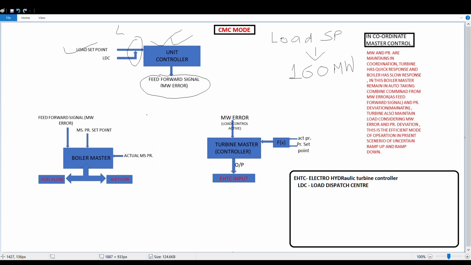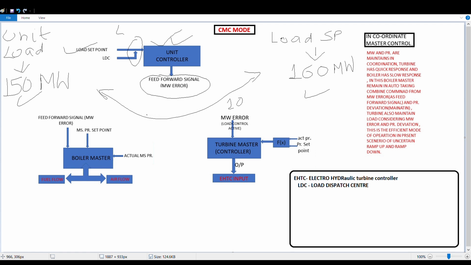And suppose our unit load at this time is currently 150 megawatt. So we have a difference of 10 megawatt, between the load we are running and the load the grid is demanding. So we have to feed that load to the grid, so we have to increase the load.